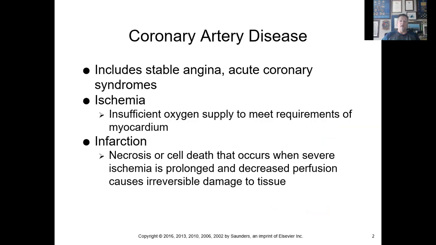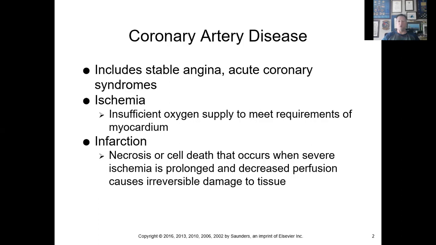In other words, that's due to some kind of a calcification, some kind of a blockage, some kind of a dissection. This can also happen. Some young people will get what they call spontaneous coronary artery dissections that can cause an infarction. Infarction is necrosis or cell death that occurs with severe ischemia.